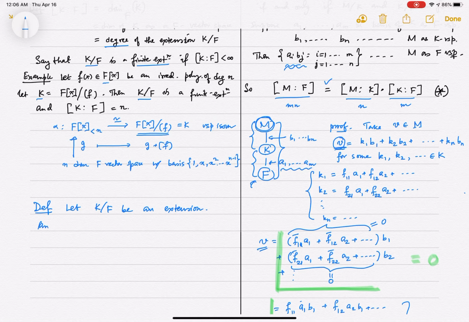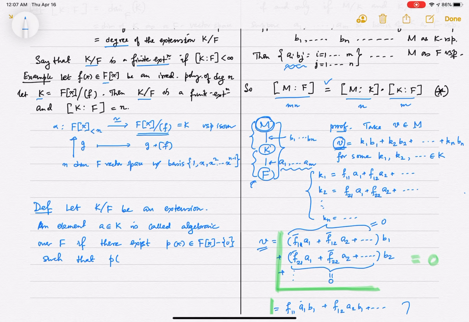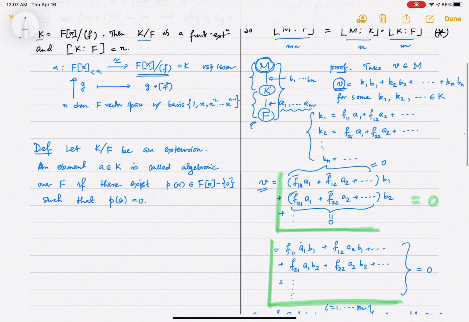An element of the big field is called algebraic over the small field if there exists a non-constant, non-zero polynomial P such that P of A is 0. So A satisfies some polynomial equation with coefficients in F.